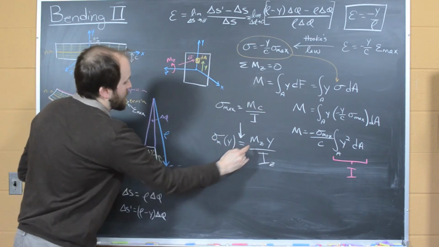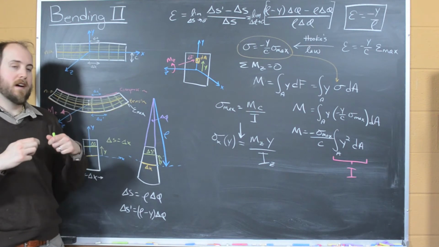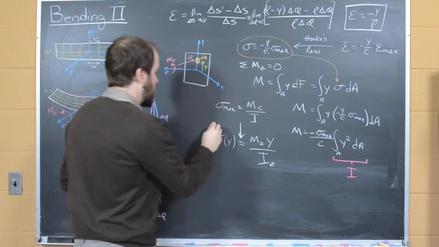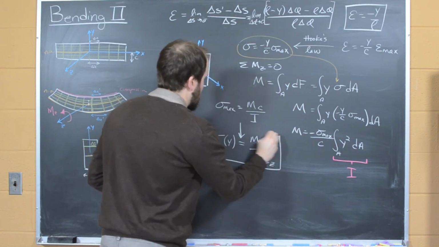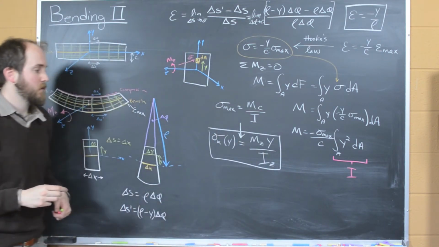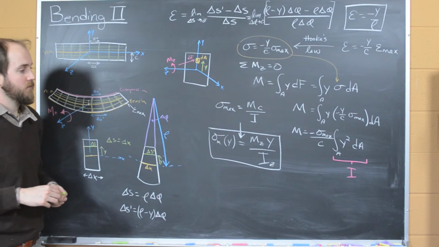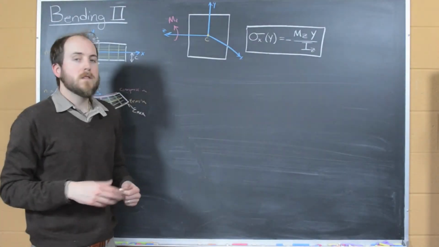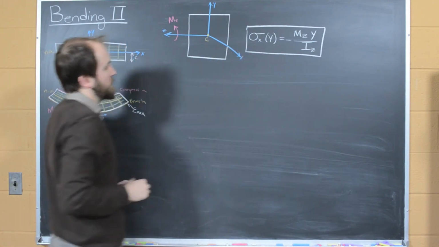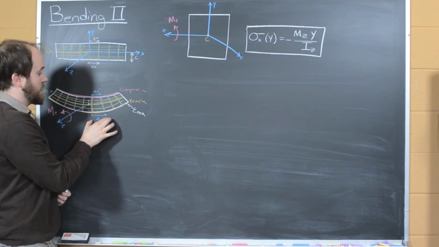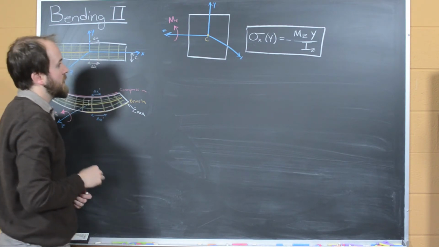And these things always have to match. It's your second moment of area about the z-axis. How rigid is this thing to bending about the z-axis? And so this gives us what's known as the flexural formula, or the normal stress that results from bending. So we've just determined what the normal stress in the x direction is as a function of y. That means how much stress there is as this thing stretches or compresses in the x direction.